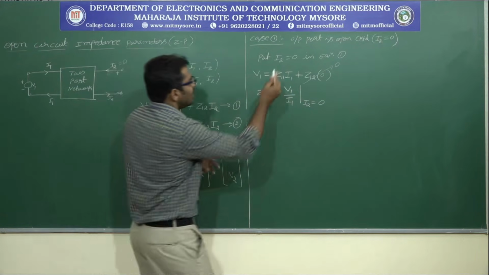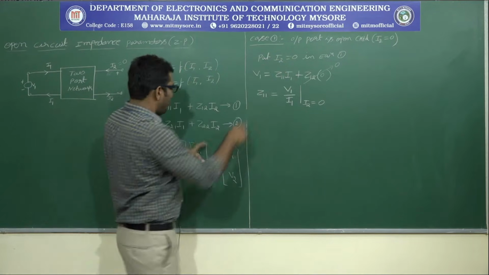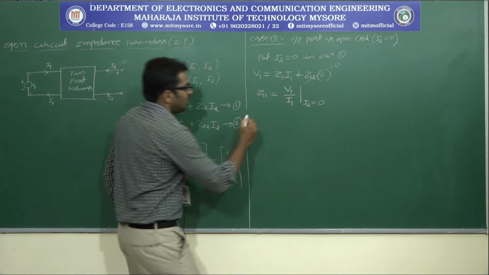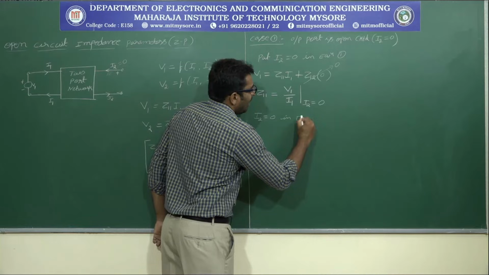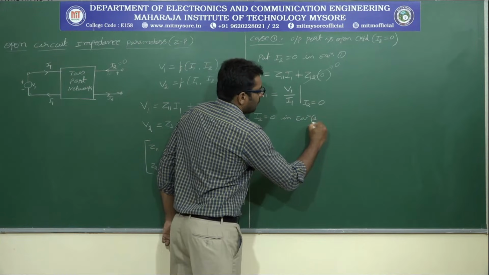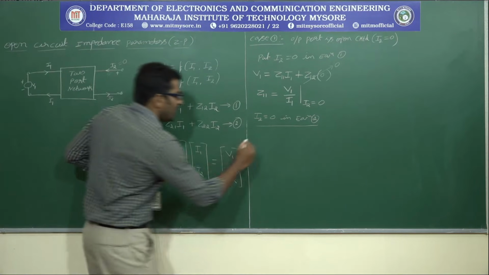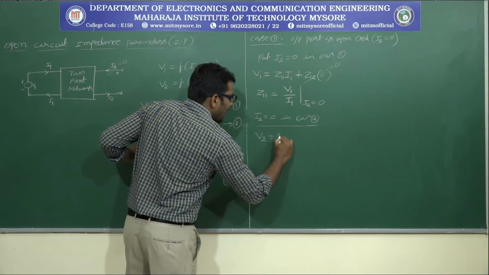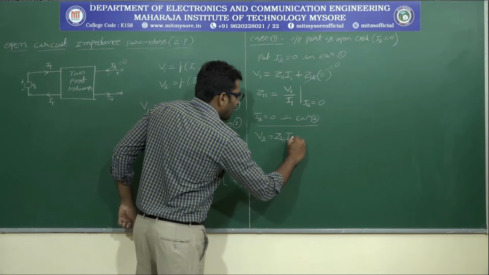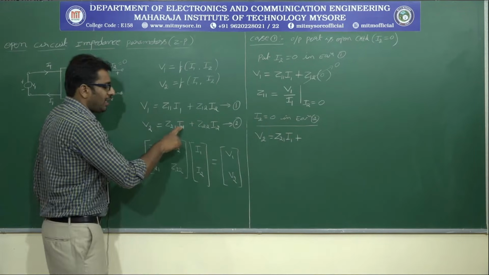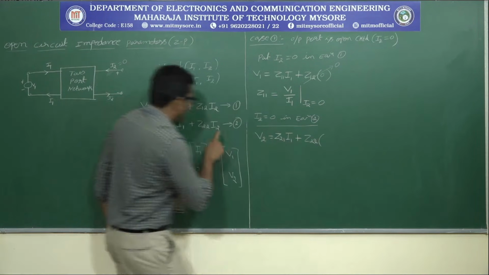So, similarly, put I2 equal to 0 in equation 2. Consider equation 2. V2 is equal to Z21 I1 plus Z22 into I2.